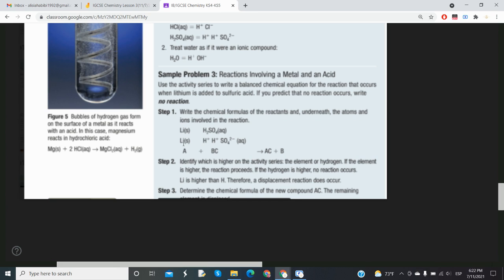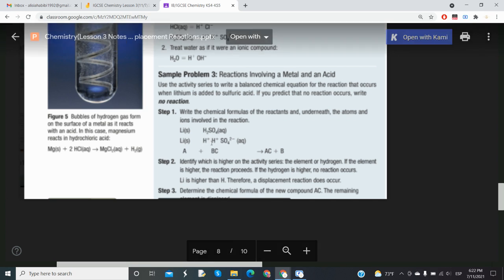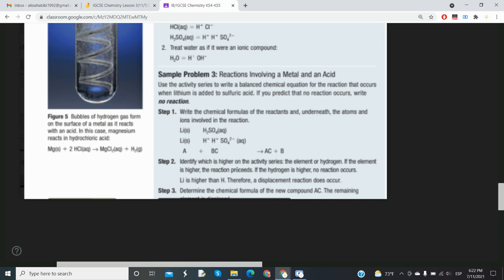So you now need to know which one is going to displace which. Again, if the element that you are reacting with hydrogen is higher, then a reaction would proceed. How do you know if hydrogen is higher? It's normally going to be on the left side. But because lithium is on the left, it means it's the one reacting with this acidic solution.